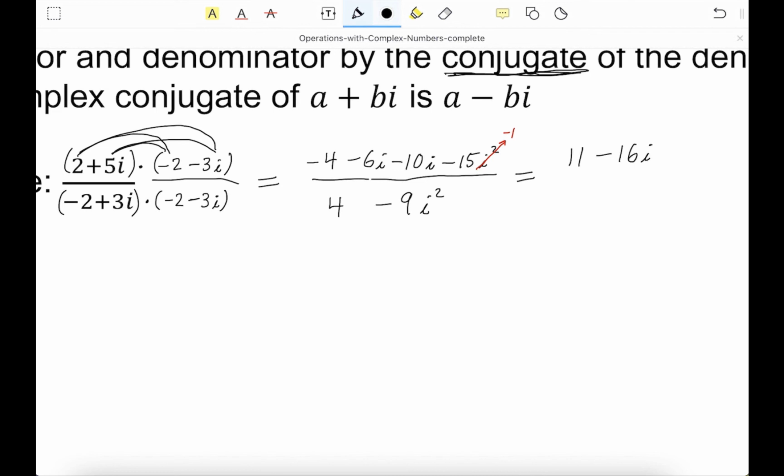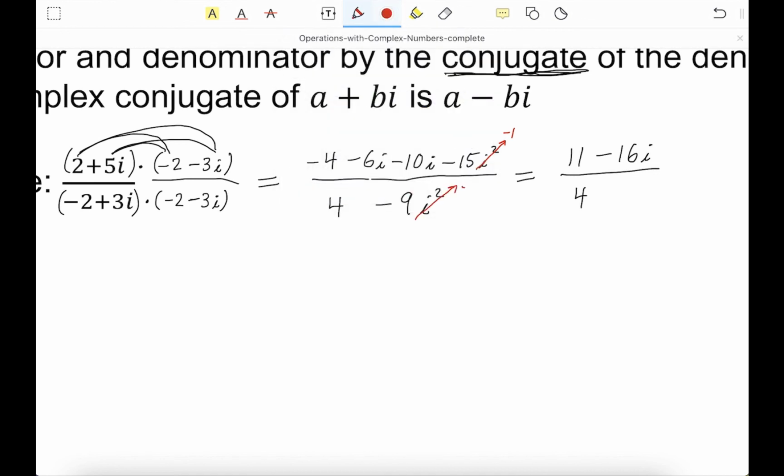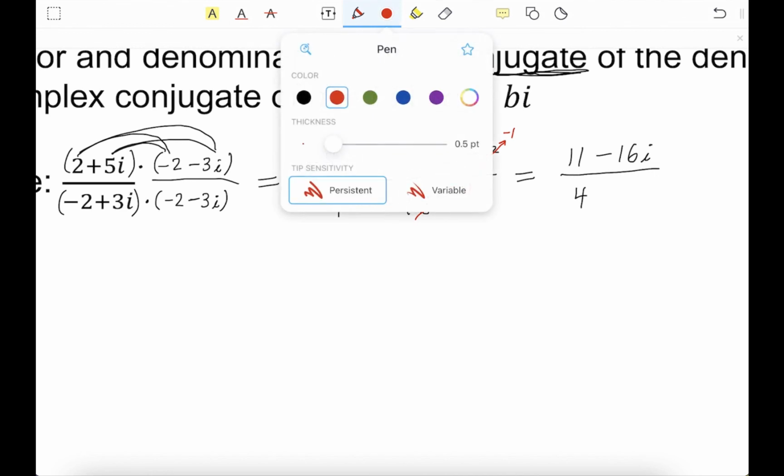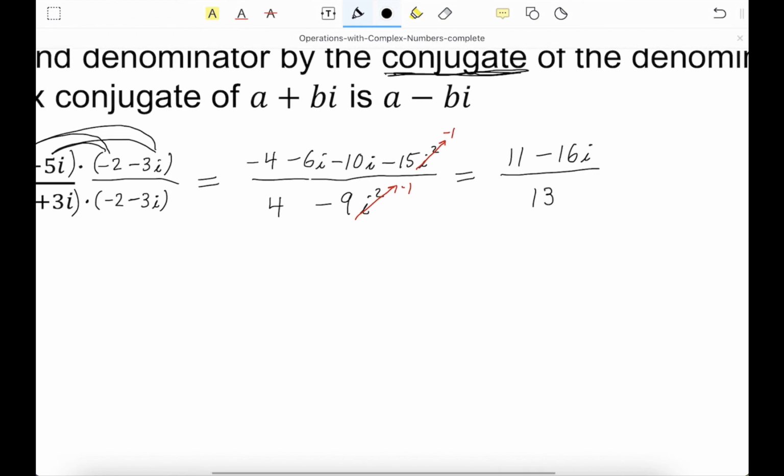So negative 6 minus 10. And this is all over 4 plus 9. This is negative 1 as well. So it's 4 plus 9, and we can do that in our heads. 4 plus 9 is 13.